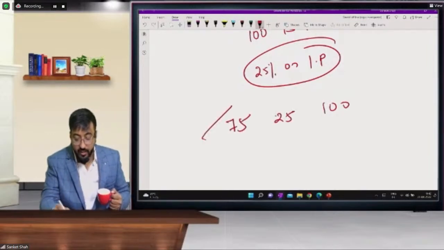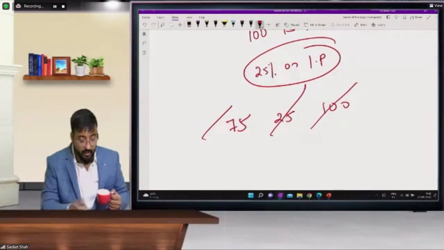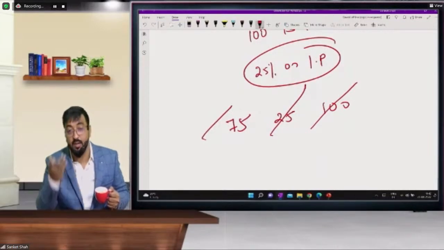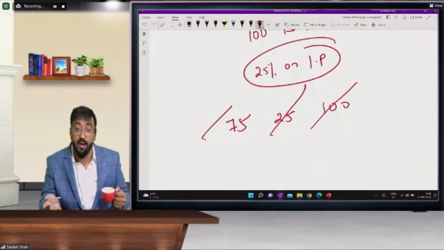So you have to write it in sequence: 75, 25, 100. Look, some great sir, Kondare Vikram ji, is writing 75, 25, 125. Brother, 75 plus 25 is 100.